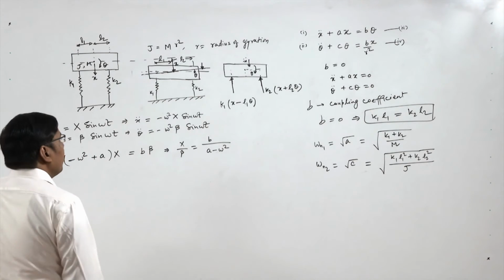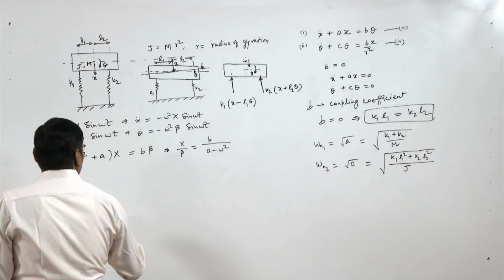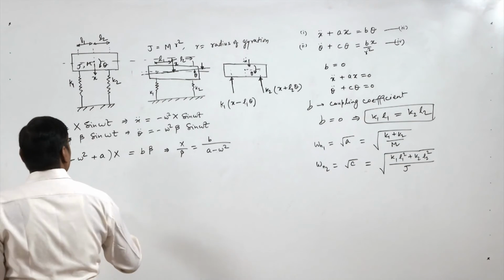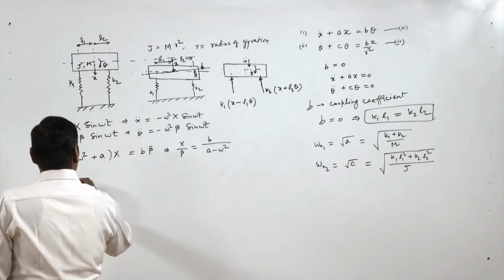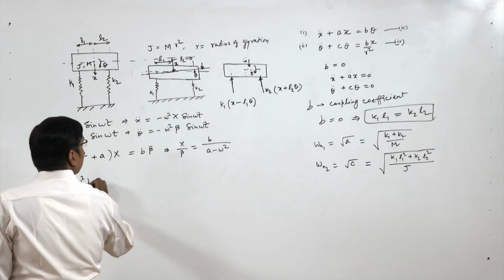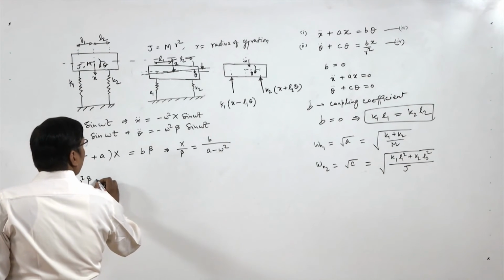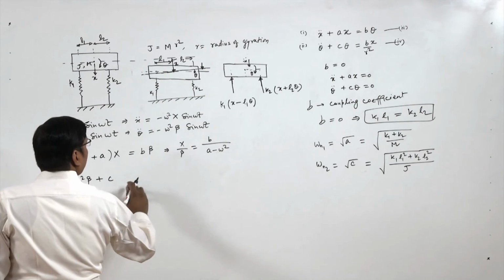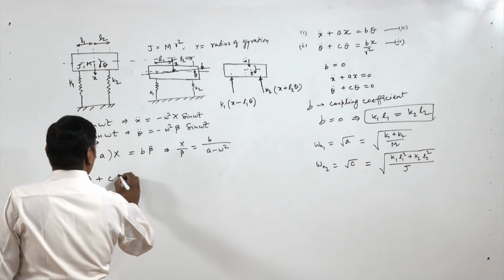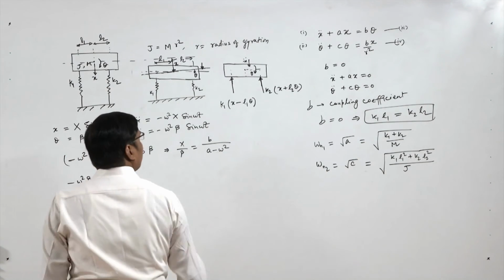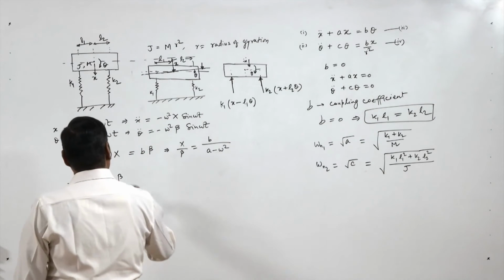Now, the second equation we will get: theta double dot, so it is minus omega square beta plus c theta, so it is beta. Of course, the sin omega t terms on both sides will be cancelled.